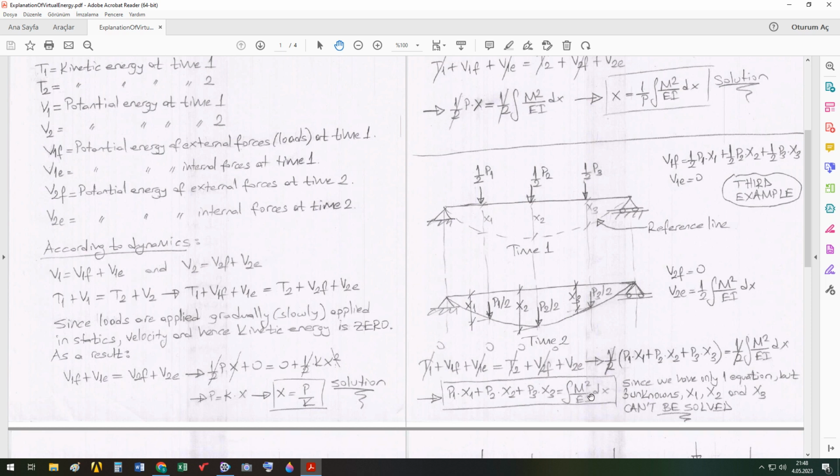So this value is also known. But we have just one equation, and we have three unknowns: x1, x2, and x3. So I cannot calculate the value of x1, x2, or x3 using this energy equation. In the third example, I illustrated how the energy equation is applied.